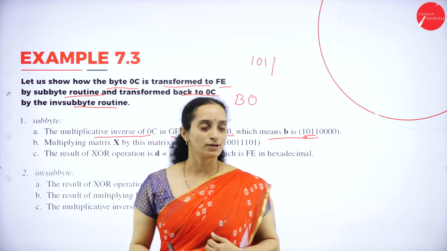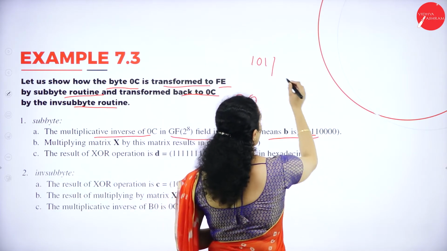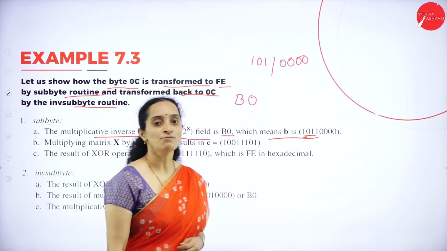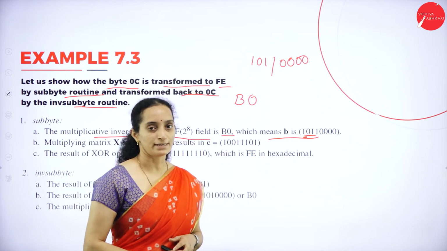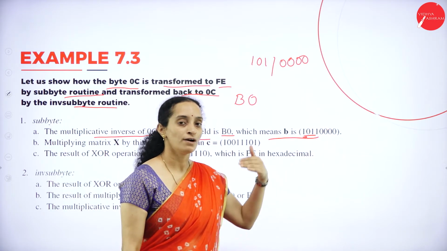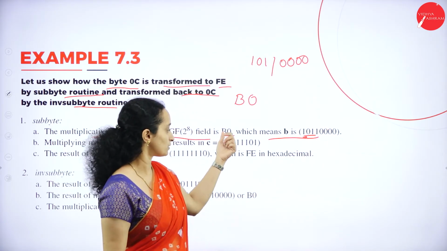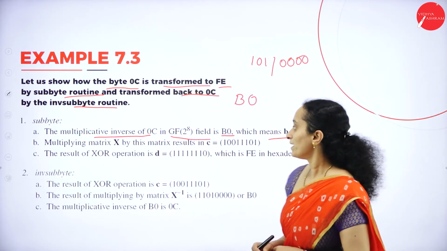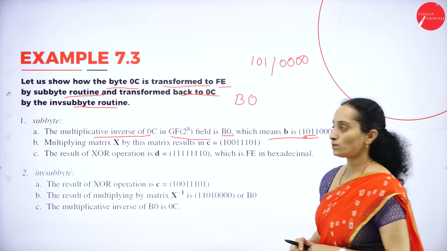1011 and 0 is, as you are already familiar, 0000. Now we have 4 bits of the first half byte representation and 4 bits of the other half byte representation. So B0 can be represented as 1011 plus 0000.